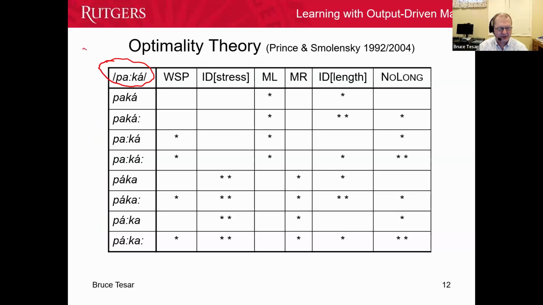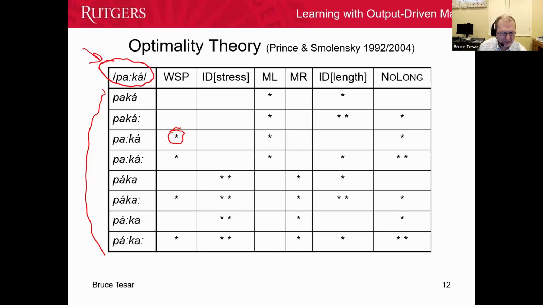Given this input, for each of these possible outputs, each of the subsequent columns, there are 6 of them, represents a constraint. A constraint is just something that evaluates a particular candidate. And in this table, everywhere you see an asterisk, that corresponds to a violation of the constraint.